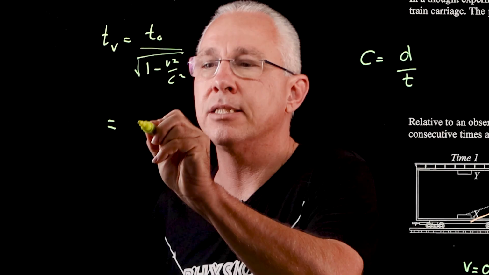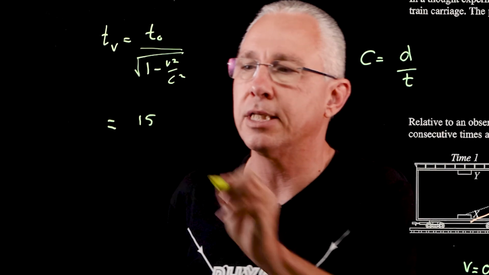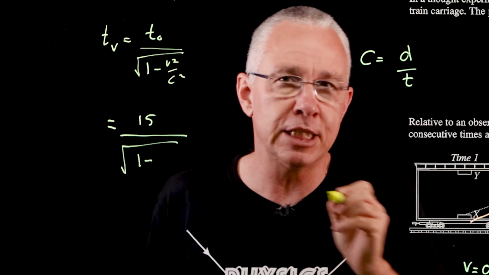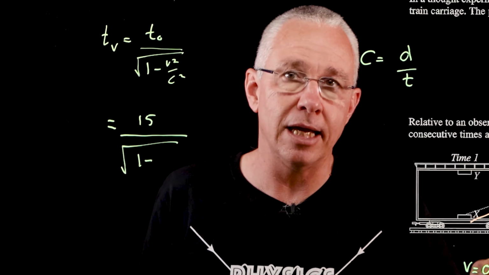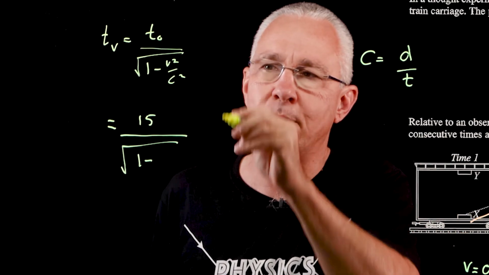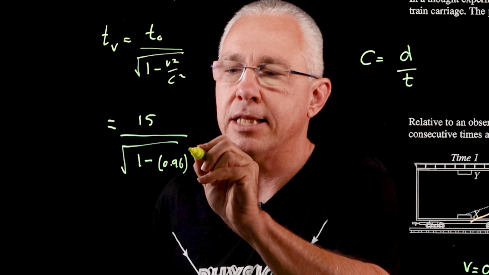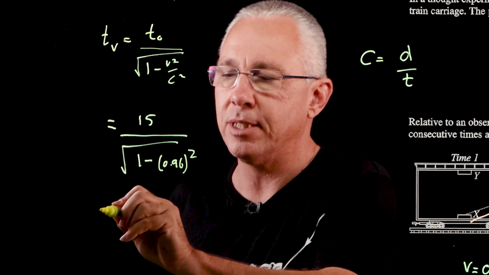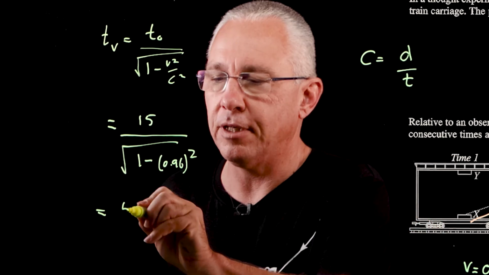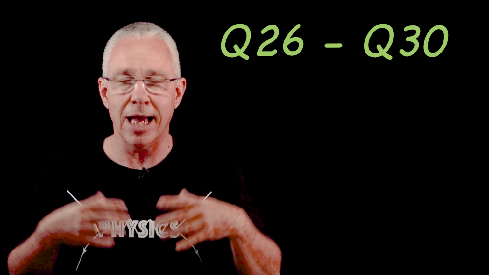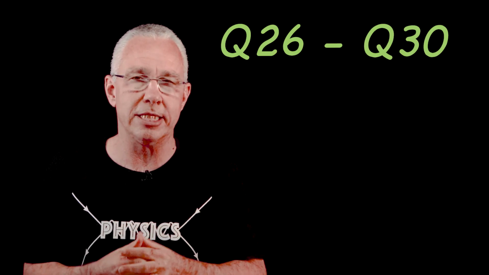And so what we get is t naught, which is our 15 nanoseconds, divided by the square root of 1 minus, now v squared is (0.96c) squared. Those c squared cancel out, so I can just go 0.96 and square that. That gives me the answer, and it ends up being 53.6 nanoseconds. And that summarizes the answers for the short answer for the HSC.